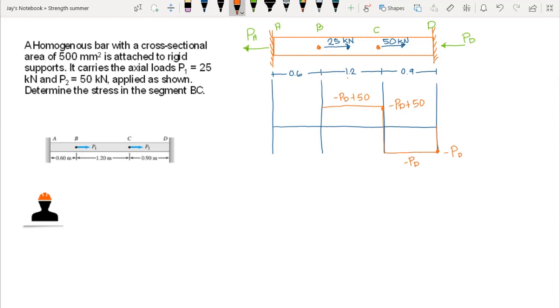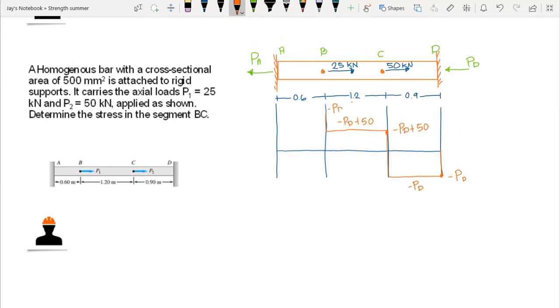Then after negative PD plus 50, we have 25 kilonewton, that is also acting to the right. So therefore, that is positive. So our diagram here will go upward. That is negative PD plus 50 plus 25.